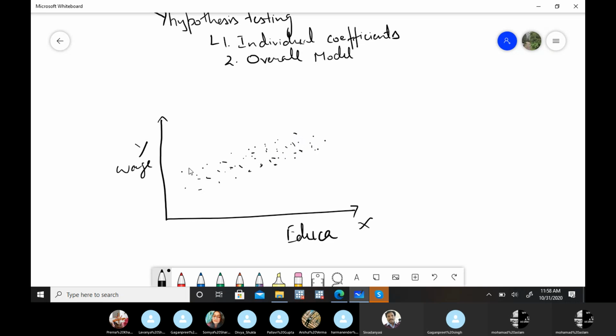My regression line is somewhere here, another regression line, let me call it 1, another is here, 2, and we have another regression line somewhere here.